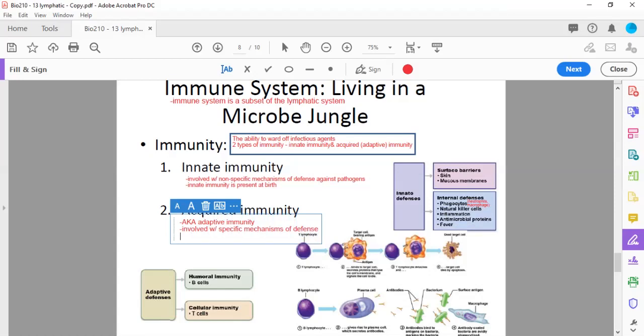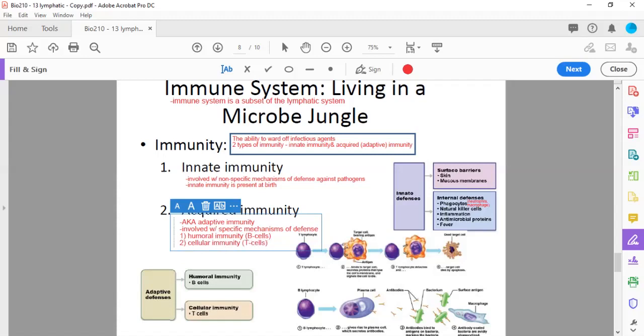It's involved with humoral immunity, which is involved with the B cells, and cellular immunity, which is involved with T cells.